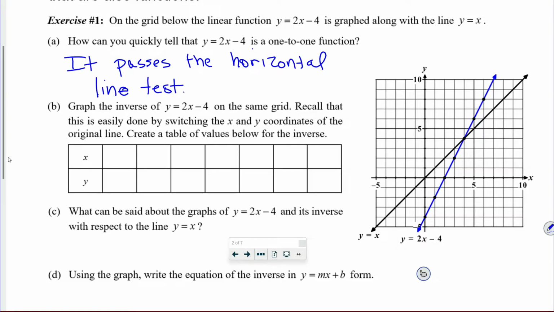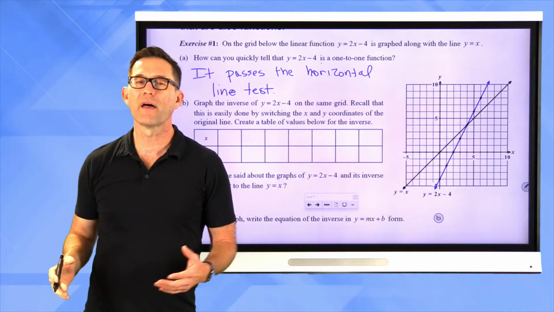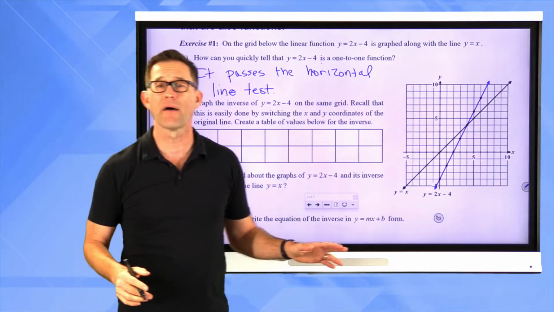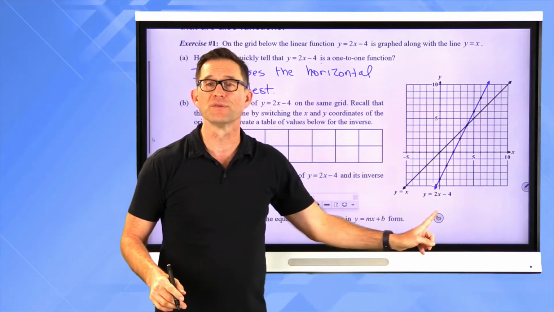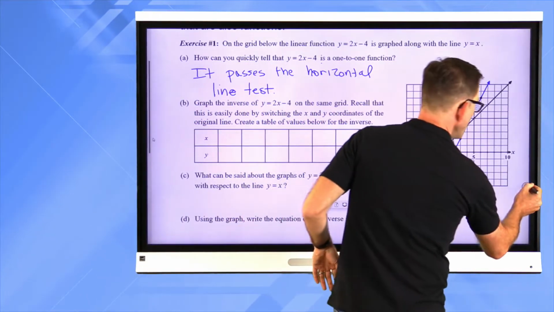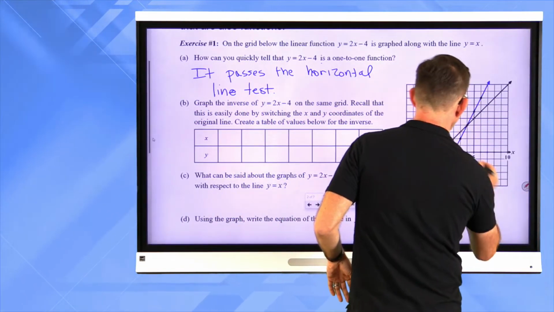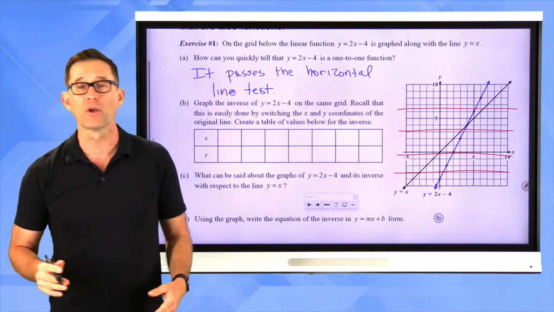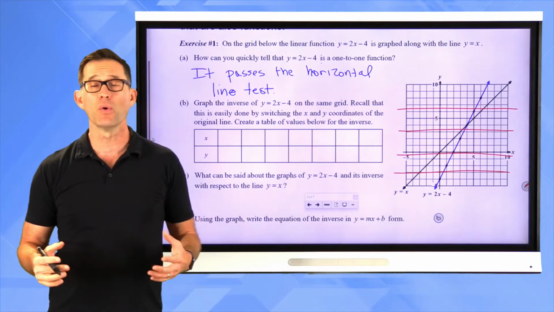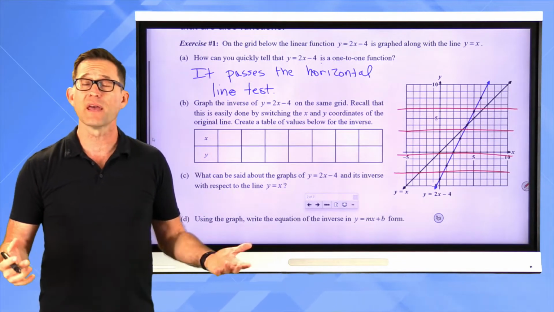Now remember, the horizontal line test is this idea that if we have the graph of a function, and keep in mind, we're talking about this blue line right here, y equals 2x minus 4, the idea is if we take any horizontal line, and I'm going to quickly sketch these in, any horizontal line that we graph and it intersects the graph at most once, then it is a one-to-one function.